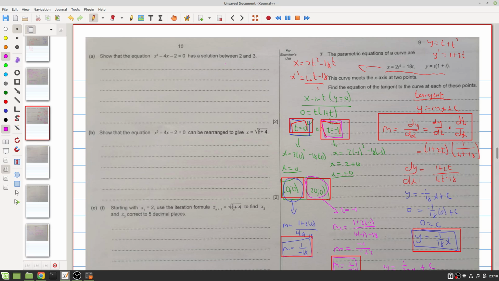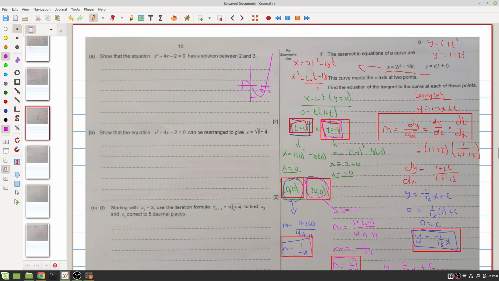Okay, let me draw this in a curve quickly. So let's say we've got something like that, right? And let's say this point here is 2 and this point here is at 3. Okay, so also I'm gonna have to draw it a little bit not as straight up. So let's say this curve goes like that. Okay, so when x is 2, then what is y?